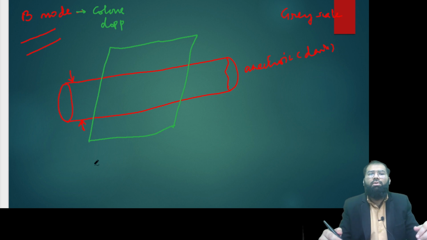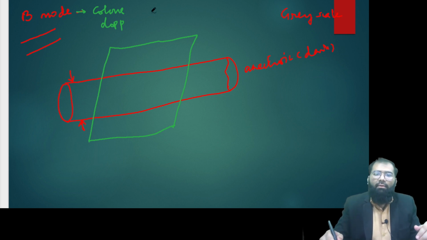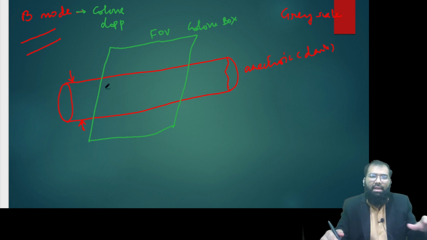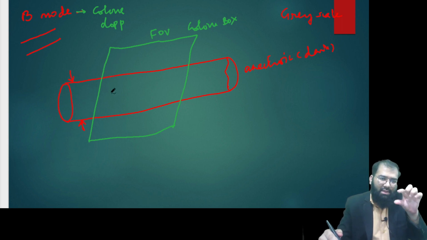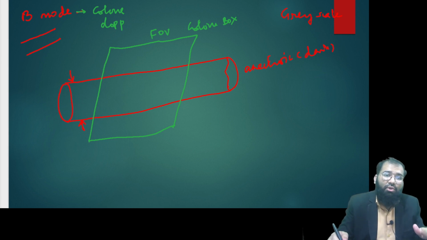This is called FOV, field of view, and the box is called the color box. Once you put this color box over this vessel, the area within this box would show you color.